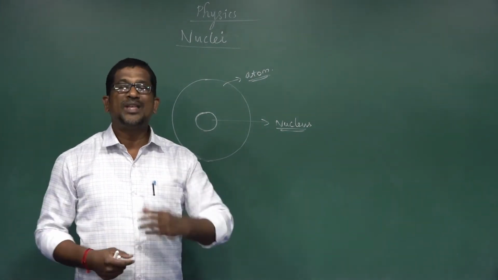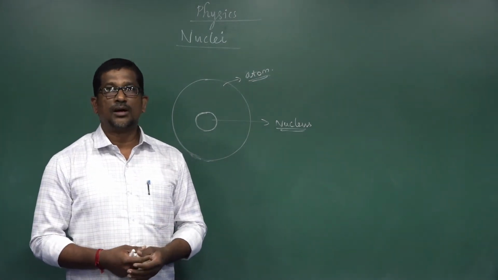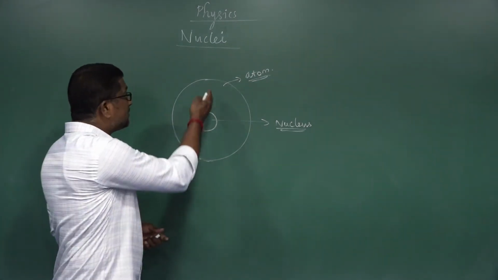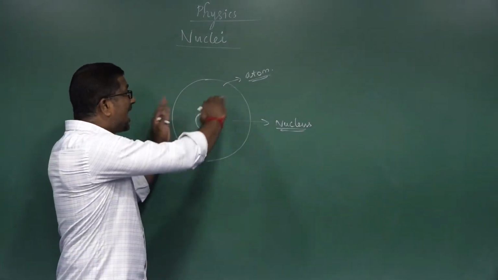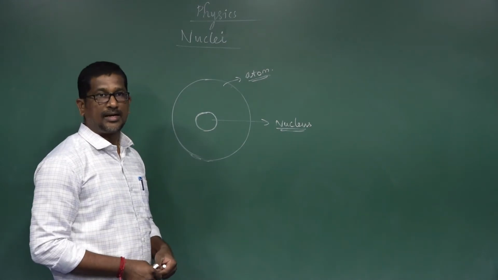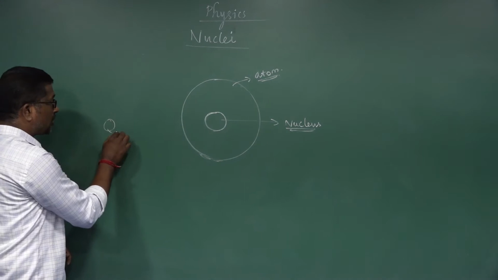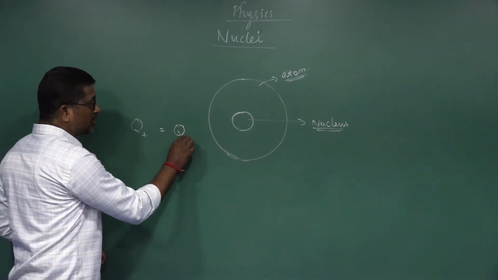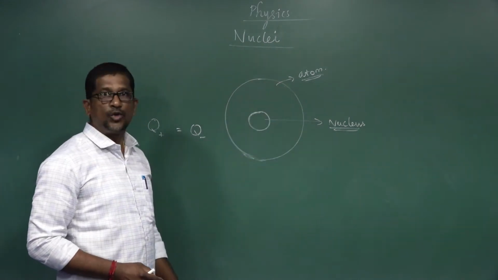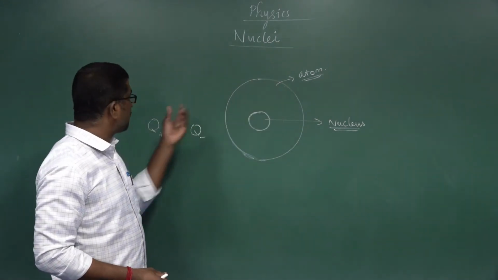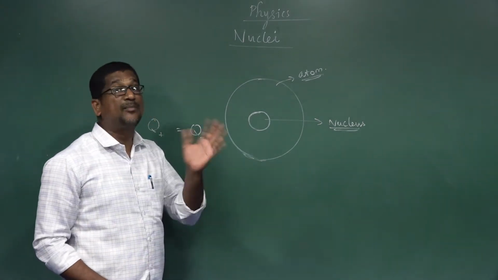From that experiment, Rutherford concluded that an atom has a lot of empty space. An atom is electrically neutral because it consists of an equal amount of positive charge and negative charge carried by electrons.